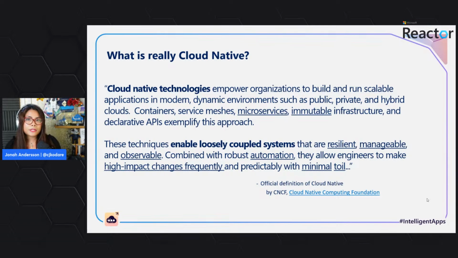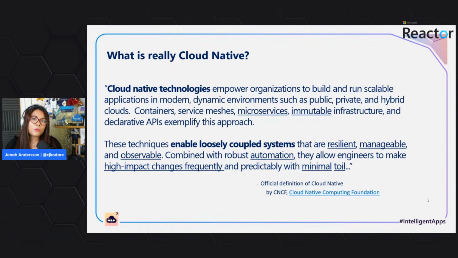Examples of this are containers and microservices, which also allow us to make declarative APIs. It also solves a lot of problems, like being able to loosely couple tightly coupled systems, and it should have all these good things when it comes to thinking about the Well-Architected Framework for Azure: it should be easy to manage, flexible, easy to observe and monitor, and adaptable, robust, and resilient when you're trying to maintain it and you want to make changes frequently because of business requirements and the changes that need to happen in a real case scenario.